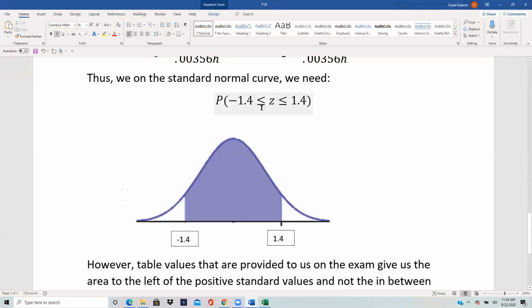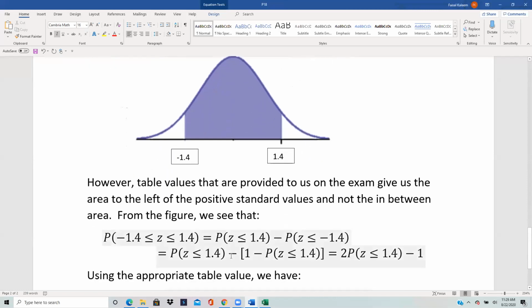You see that this in-between area is the same as the area on all the left of 1.4, which would be from here all the way until the left end, minus this white area. So we could have P(Z less than or equal to 1.4), which is all the area on the left of 1.4, minus this one, so minus the area on the left of negative 1.4.